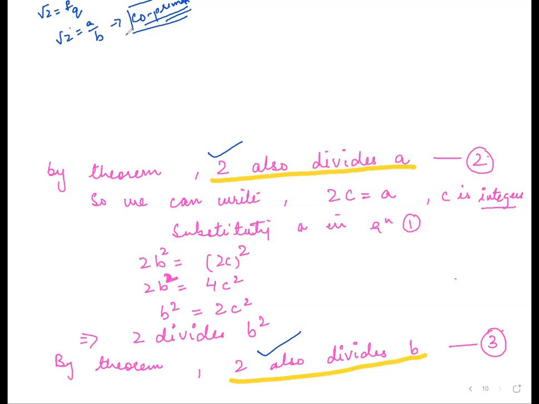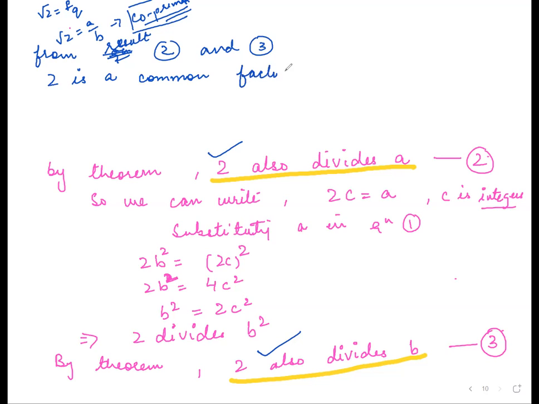Understood? So you will write that from result second and third, not equation, sorry. From the result second and third, 2 is a common factor of A and B, right?